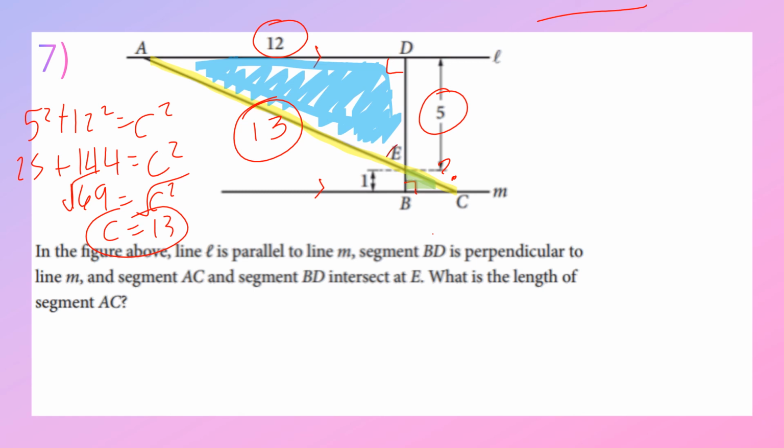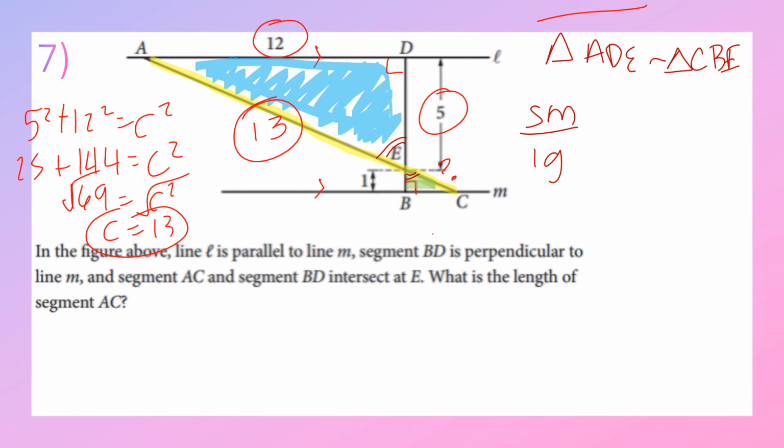And I have 2 vertical angles here that prove that these 2 triangles are similar to each other. So triangle ADE is similar to triangle CBE. So then I can use my proportions to figure out what that missing piece will be.